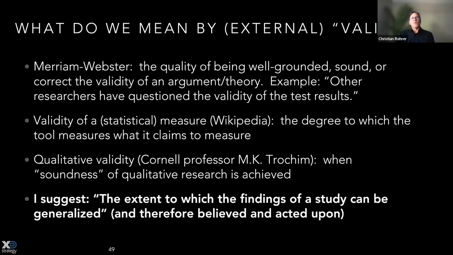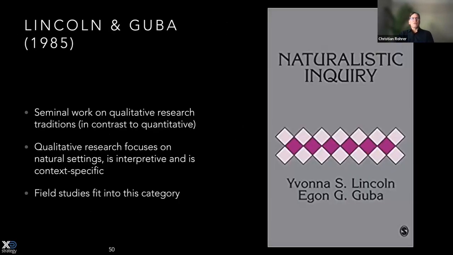If you think about how validity is done in qualitative research, and you're interested in that topic, here's a book that goes deep into that. Lincoln and Guba, quite a few years ago now, in 1985, wrote this book that goes into the nature of qualitative research, like field studies. We'll talk about usability in a minute.